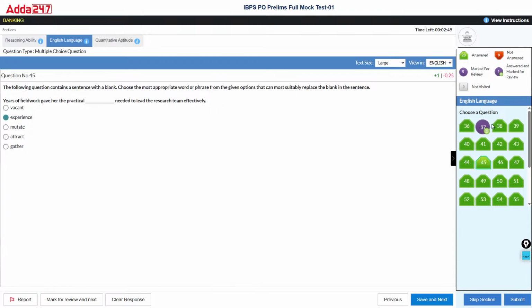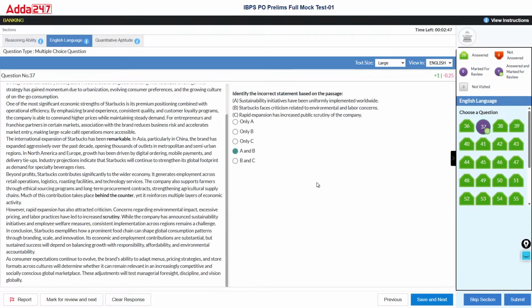Okay, so this one. Now they are asking which one is incorrect, right? Uniformly cannot be implemented anywhere. So A is definitely incorrect. Starbucks faced criticism. They have not faced criticism, but rapid expansion has increased public scrutiny.